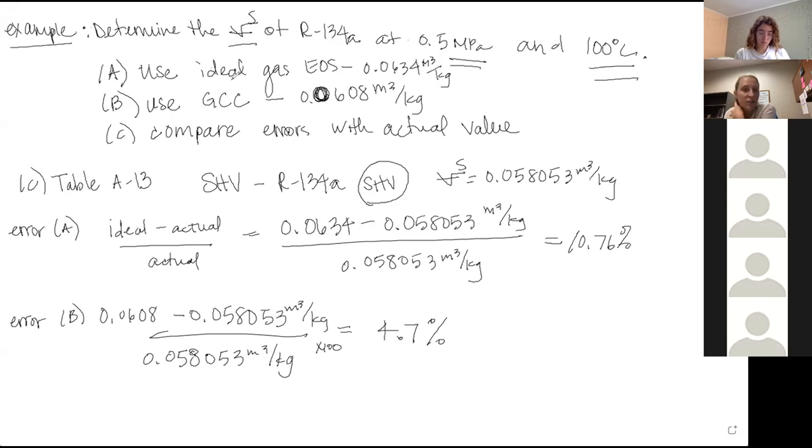So you can see that the generalized compressibility chart is much better at approximating and correcting for real gases than just using the ideal gas law equation of state.